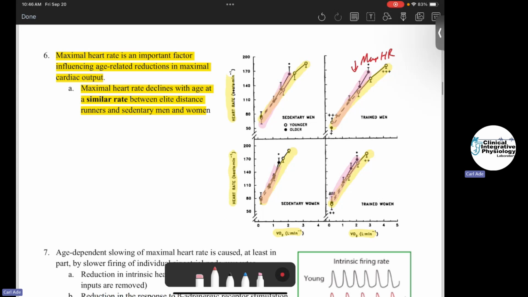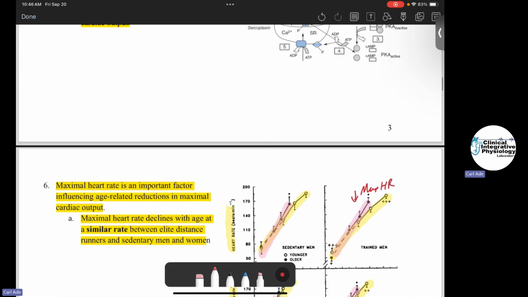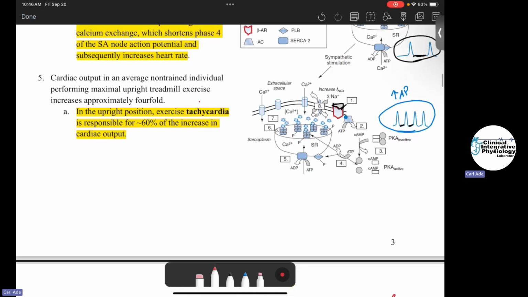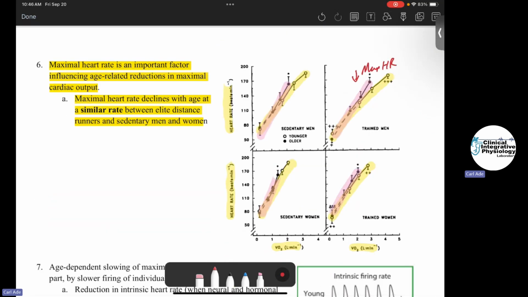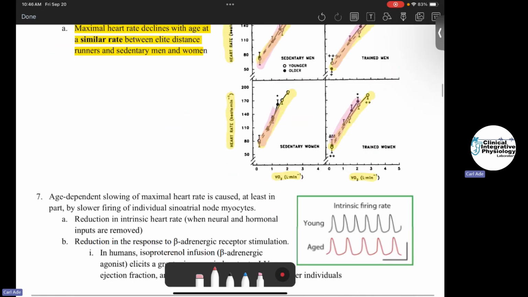So that's a lower heart rate. And again, because this increase in heart rate, this tachycardia, accounts for about 60% of the increase in cardiac output, this age-related reduction in heart rate is a key driver in why max cardiac output is down with aging.